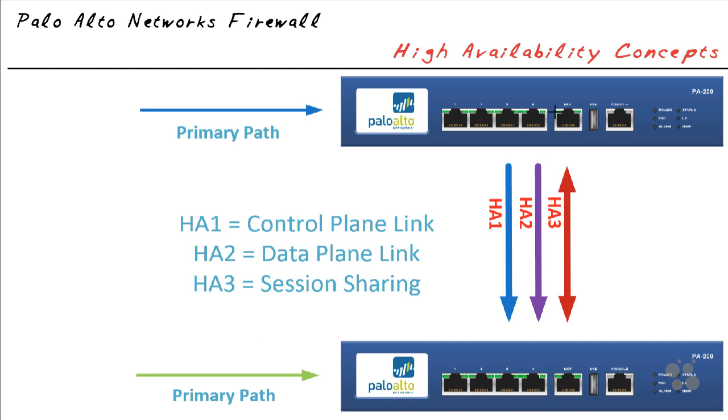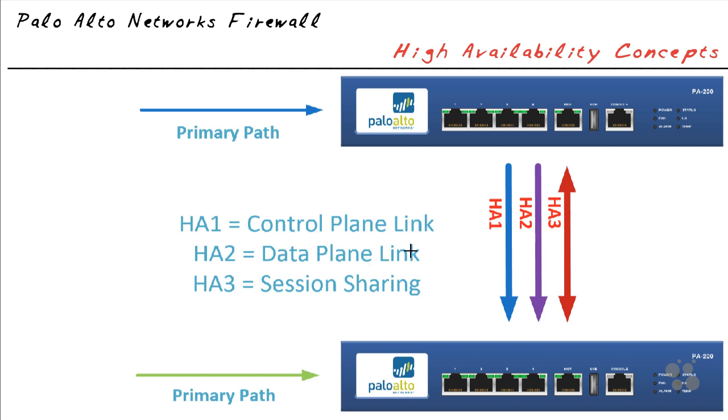If my firewall 1 up here is handling a session, and all of a sudden a packet comes in over here, because I've been sharing that session information, he knows about it: hey, this is active on firewall 1. HA3 is used to send that information up here for further processing. So while they are both active, they are not active for the same sessions at the same time.